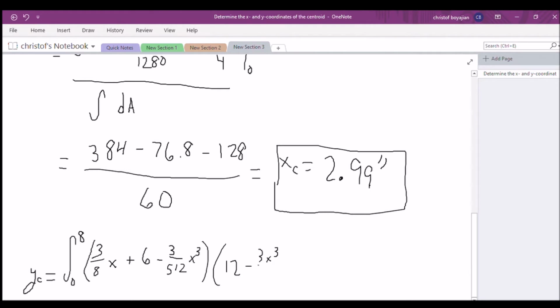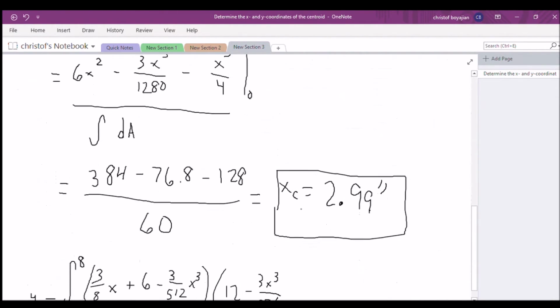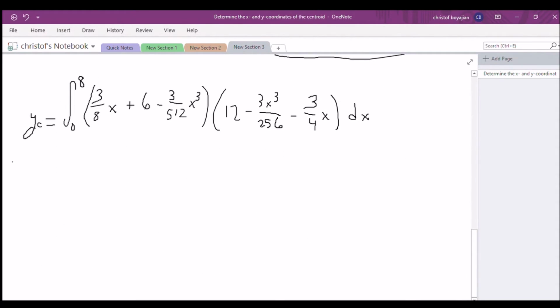I'm going to have to go back up and forth a little bit to refer to our dA. And this is all over our total area.